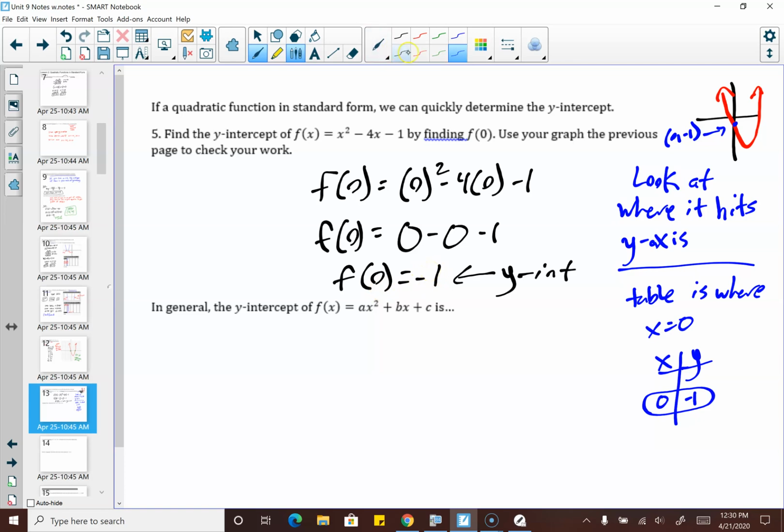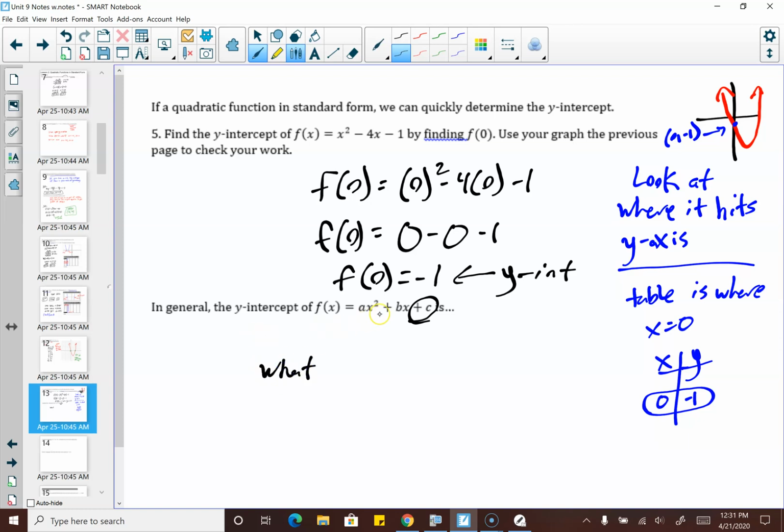Where did you see a -1 in the equation? Everybody see this back part here? Okay? Whatever your constant is, that c, is always going to be your y-intercept, okay?